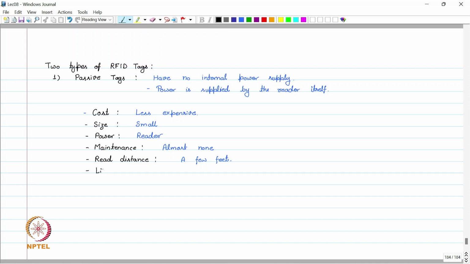Typical life is typically up to 20 years. And the memory size is around 16 KB or so.